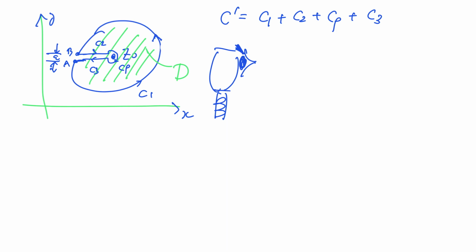Then this part will be C2, C3, and the distance between them is epsilon. This is C naught. This is 0.